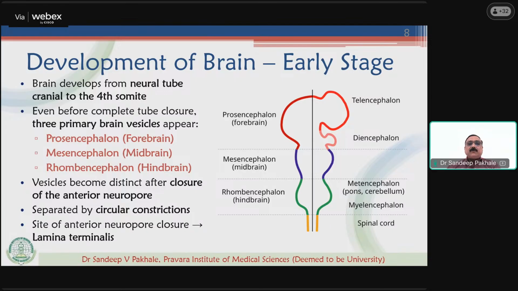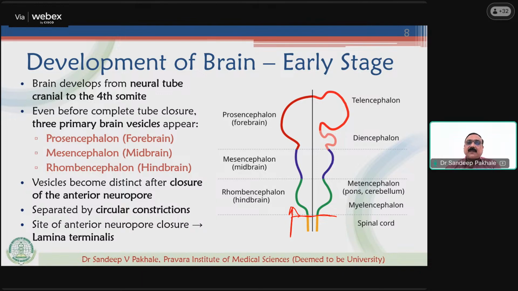So here we are looking at the earliest stage of development. The portion of the neural tube cranial to the fourth somite, as you can see here, leads to expansion and forms the brain.